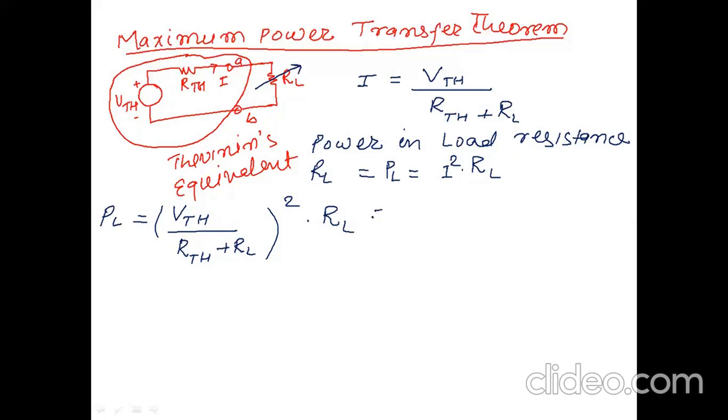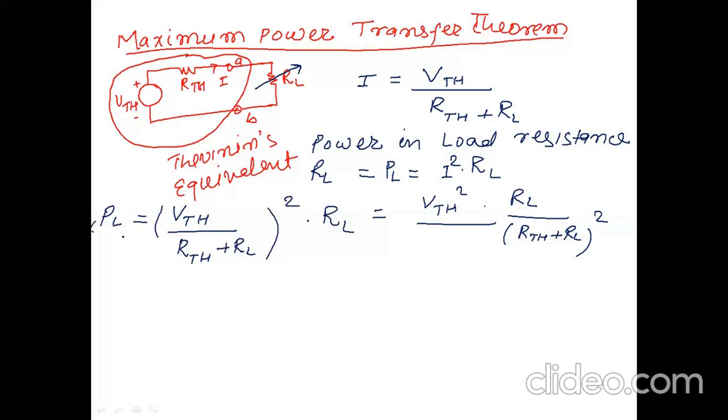We can also write this equation as VTH square multiplied by RL and divided by RTH plus RL whole square. So we have to obtain the condition for maximum power, meaning PL should be maximum.